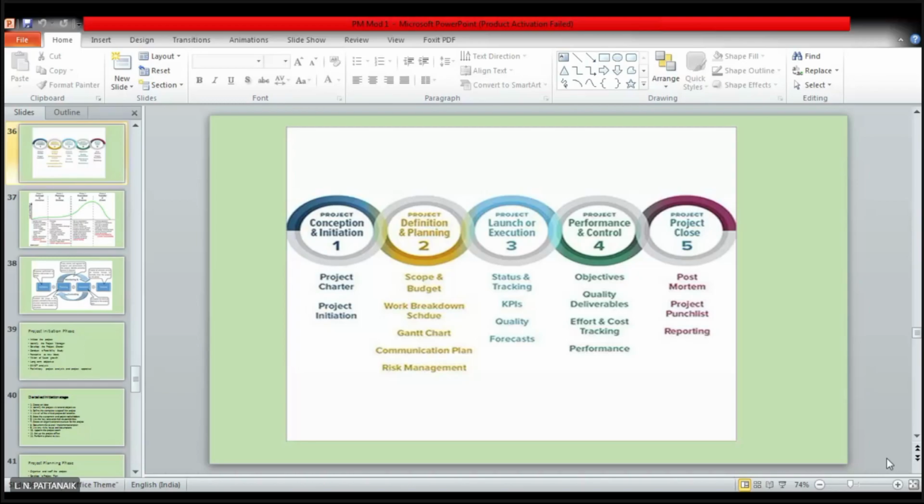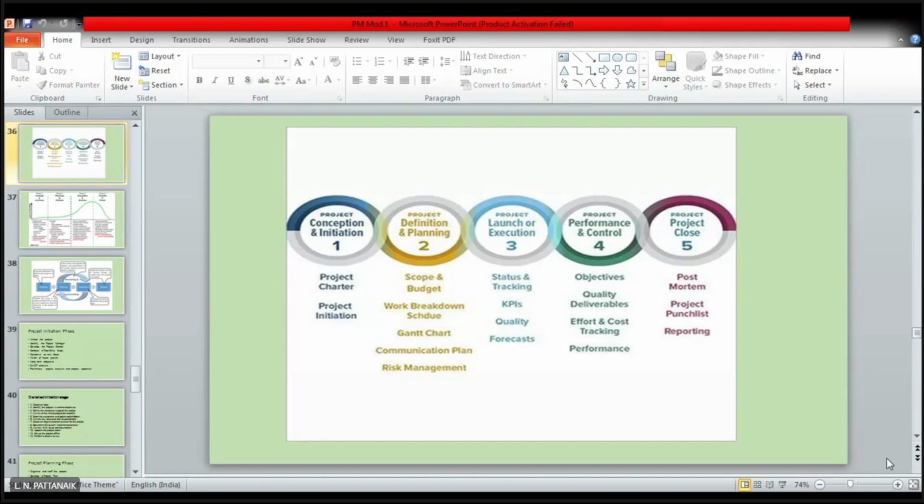And there is something called project appraisal, right? Appraisal means assessment. In companies, for employees, there is something called a self-appraisal report, or maybe your senior will give your appraisal report. Appraisal means a kind of assessment of what exactly you are doing, a kind of performance measurement.